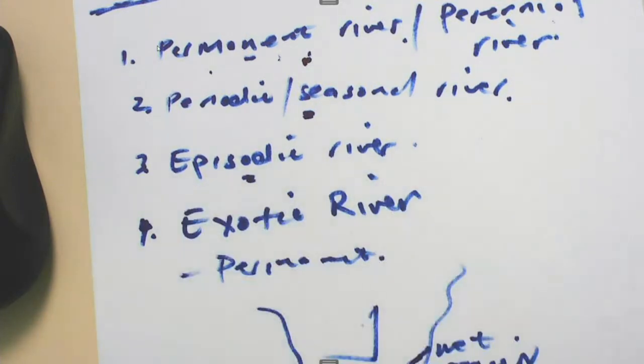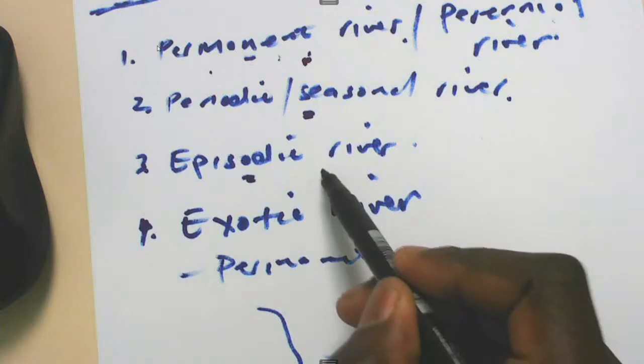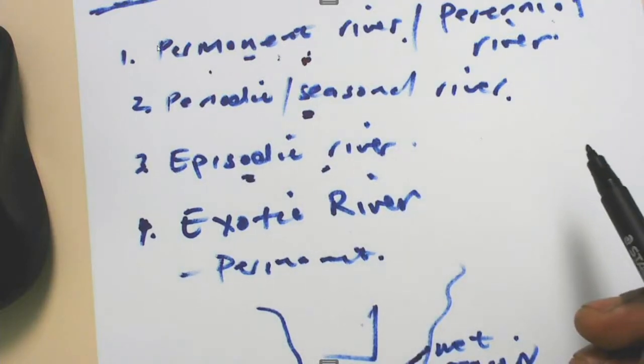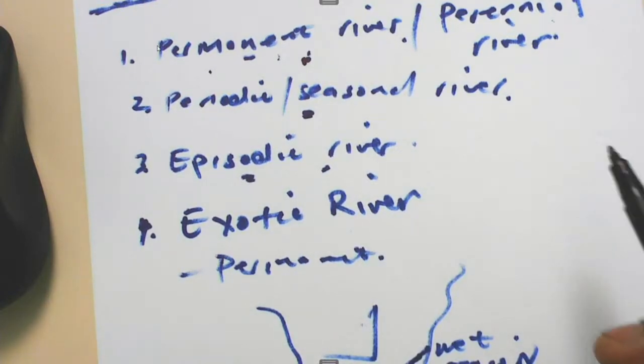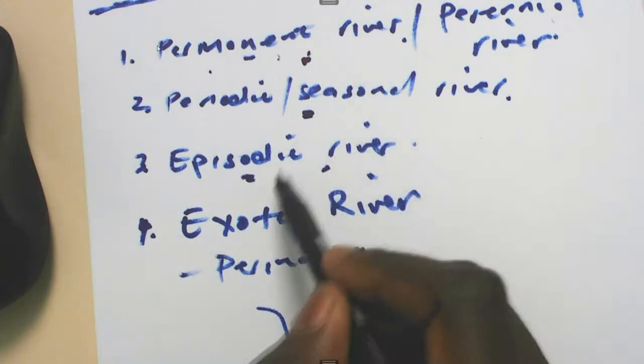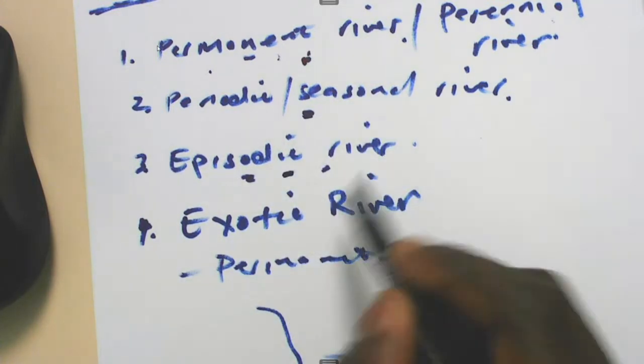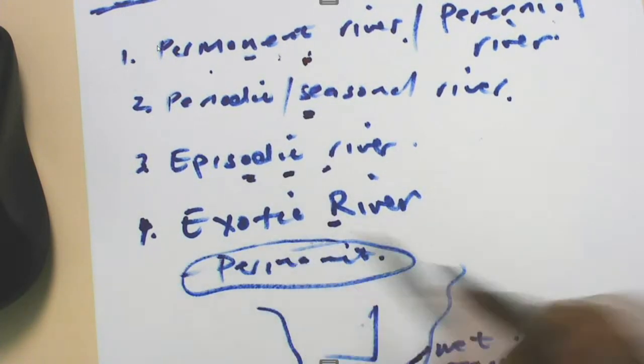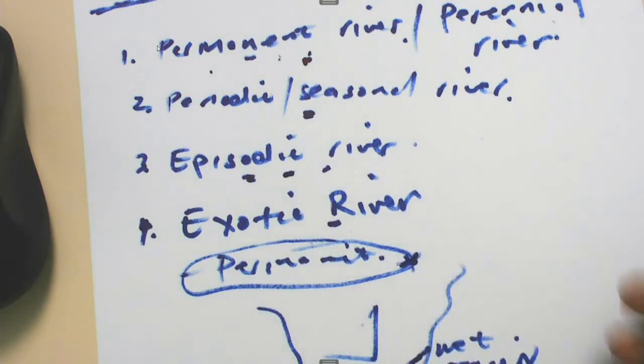The third one is episodic river. Why is it episodic river? Because it only flows in episodes. Only after heavy rainfall, this particular river will flow. Exotic river is like a permanent river, but the only difference is this one gets water from the wet region and then it will pass through the dry region.